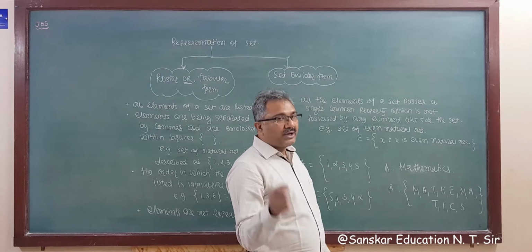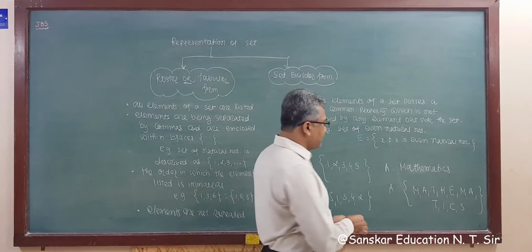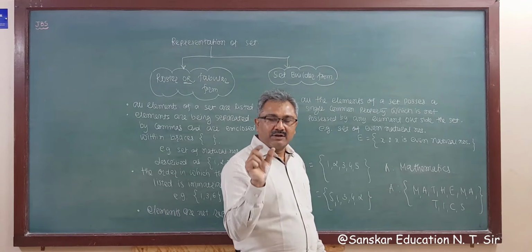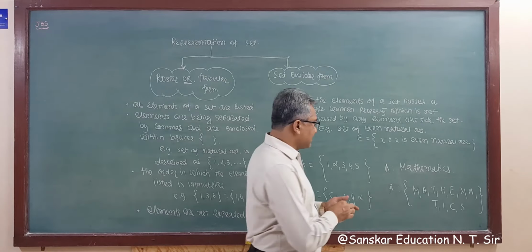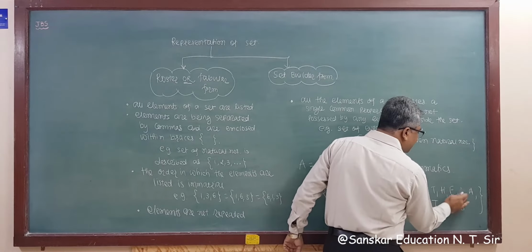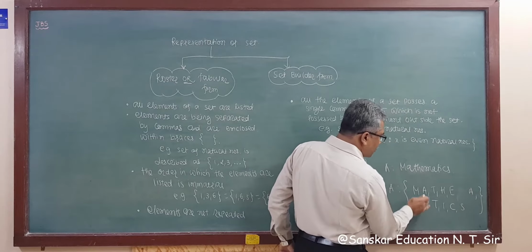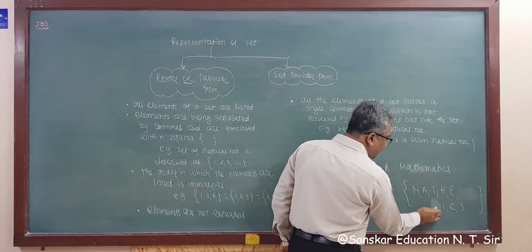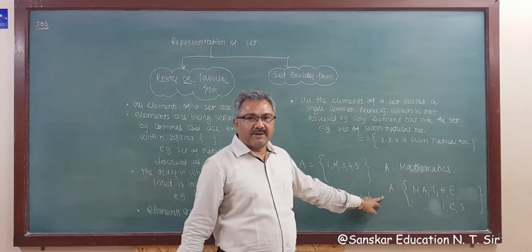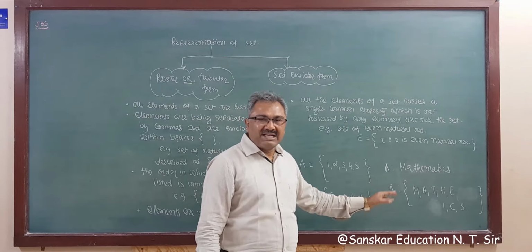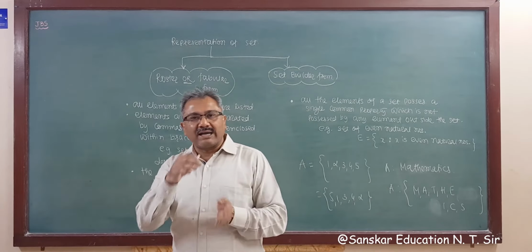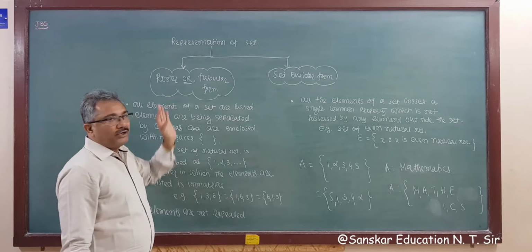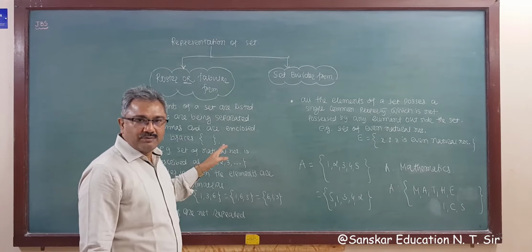You can never repeat elements; you have to write each element only once. So you write M, A, T, H, E, I, C, S. This is the proper way to represent a set. Elements are never repeated in the roster, tabular or listing method.